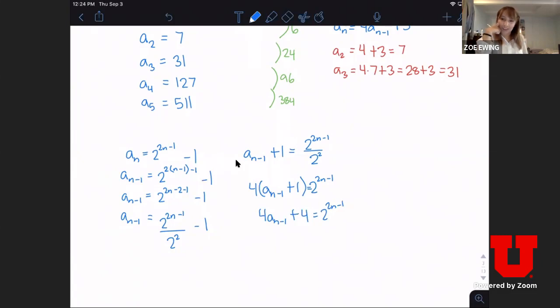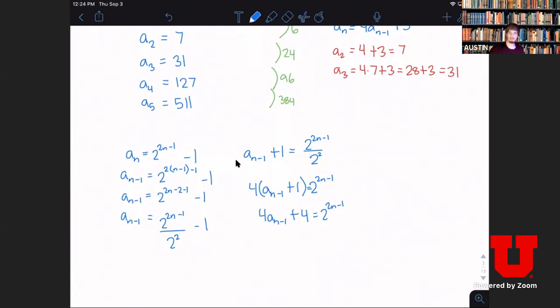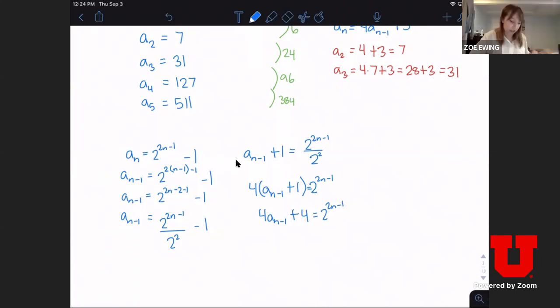I might have to work on this one and get back to you guys. I'm going to keep trying to figure this out the other way, and then I will try and post that solution right after we finish this discussion so that you can go back and look at it later. Sorry about that. It starts at 0 instead of 1, because it's usually 4 times the previous plus 3.